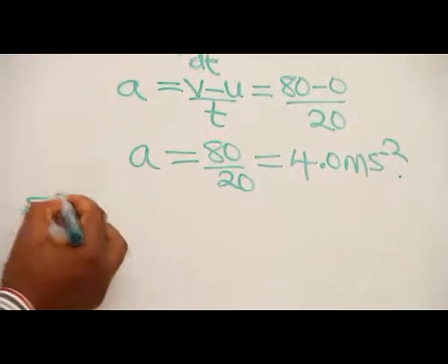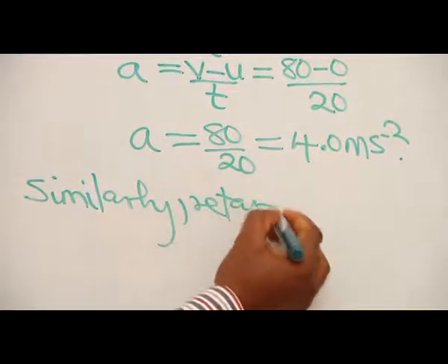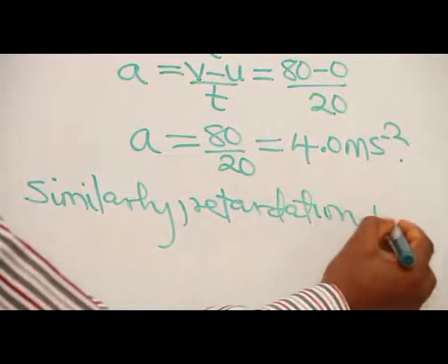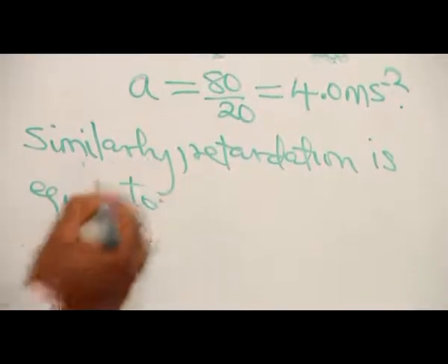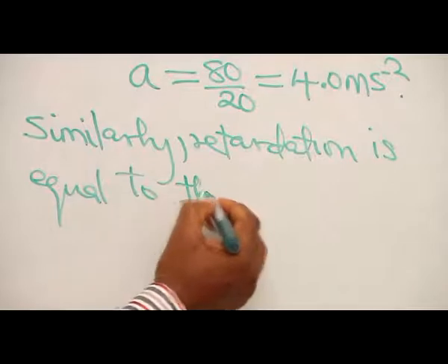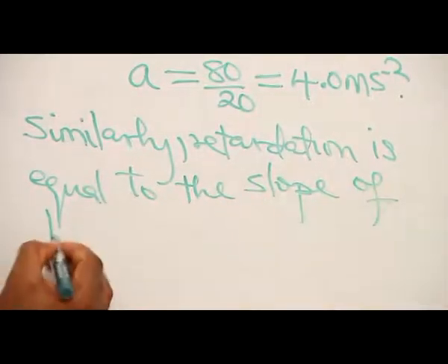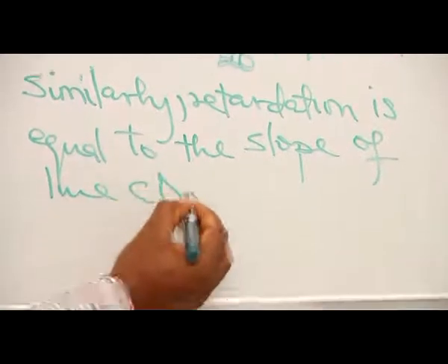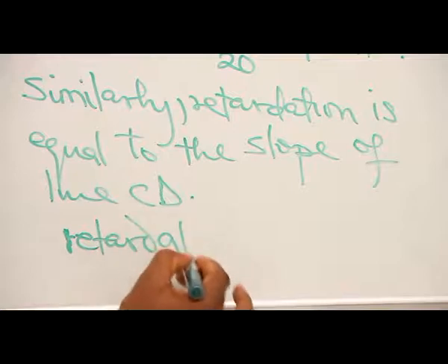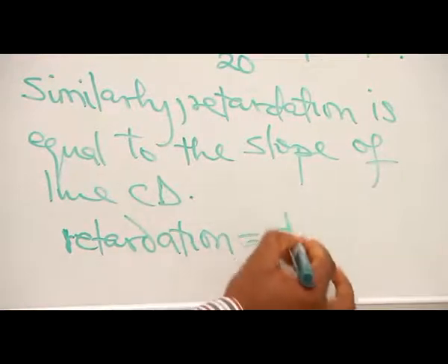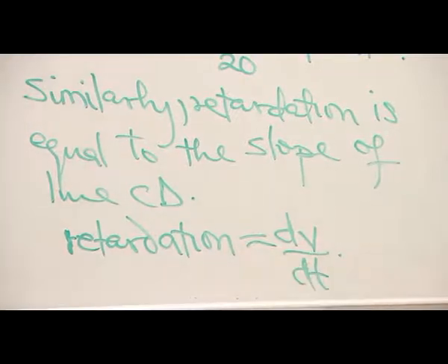Similarly, retardation is equal to the slope of line CD. Retardation will give us change in velocity divided by change in time.